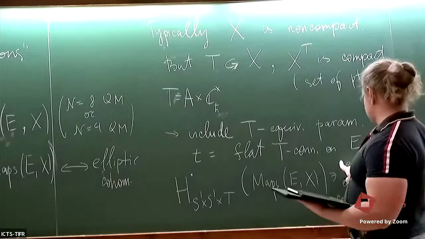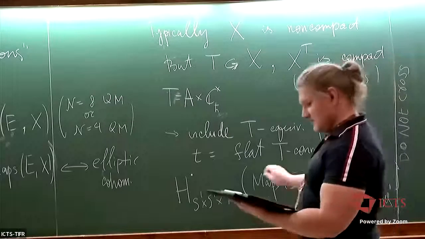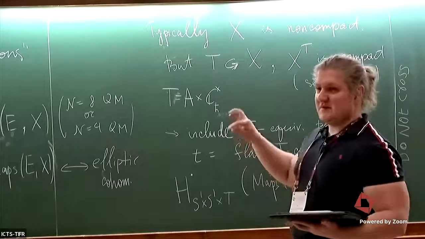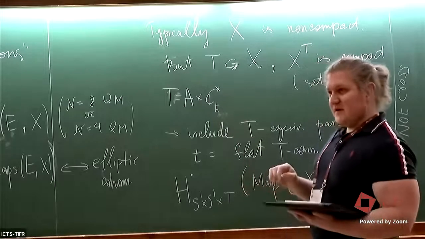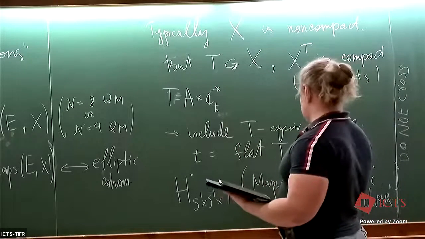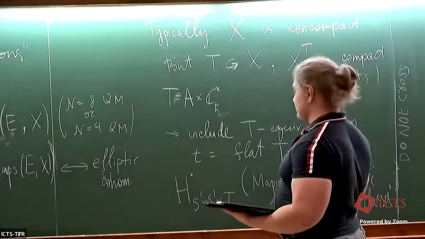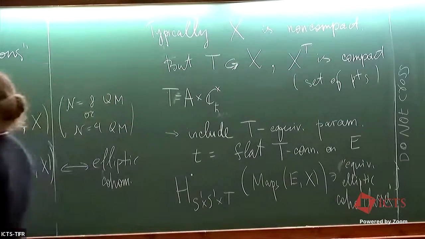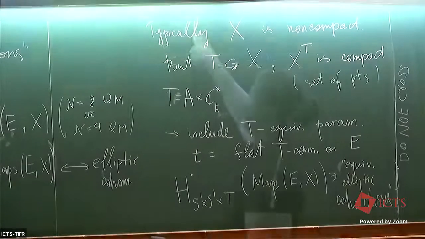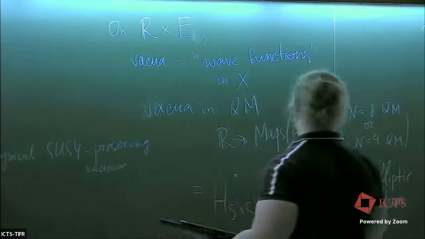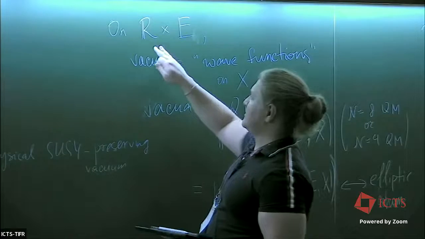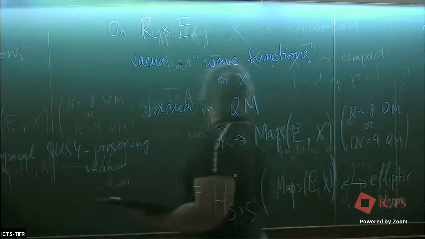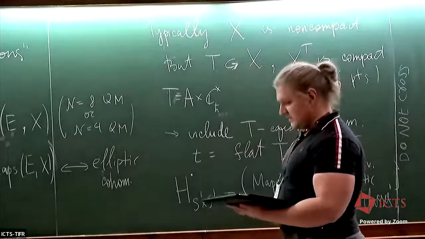Now, the way I phrase it is not completely precise, but sometimes this is referred to as the sigma model point of view on the elliptic cohomology, because basically you think of it as a sigma model in 3 dimensions from R cross E into X, and then you reformulate it as such a quantum mechanical sigma model.